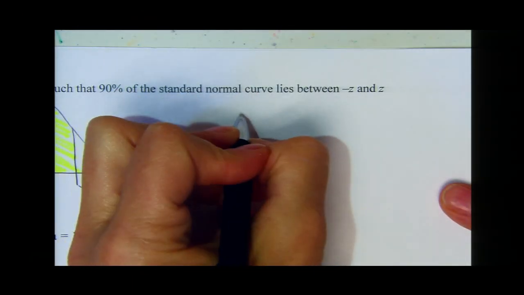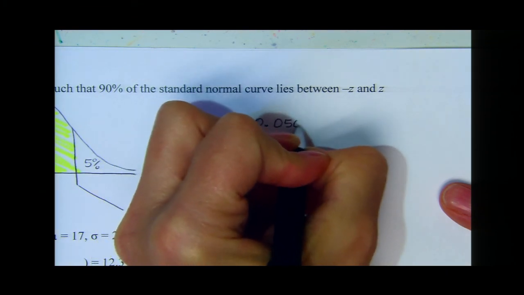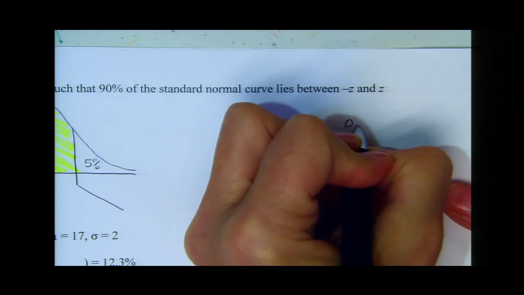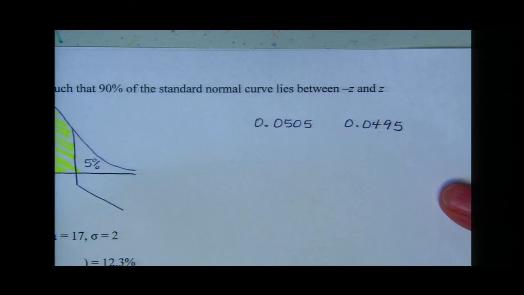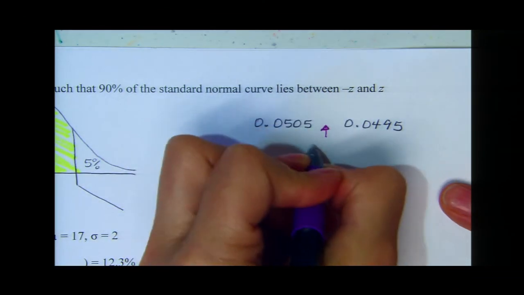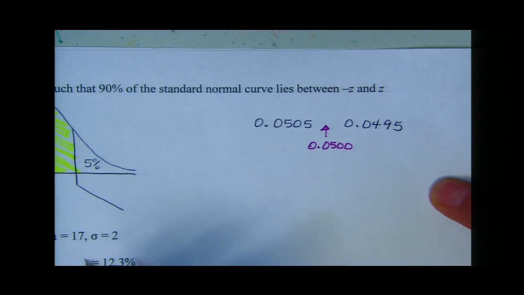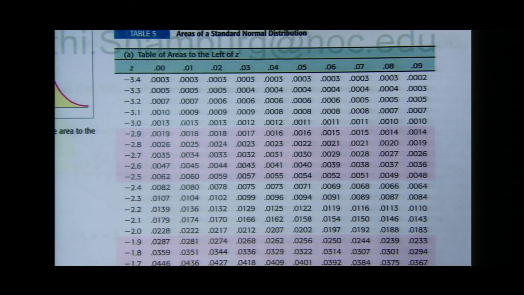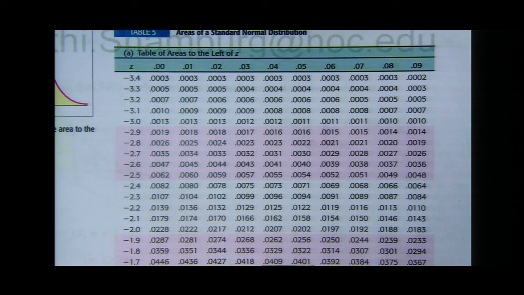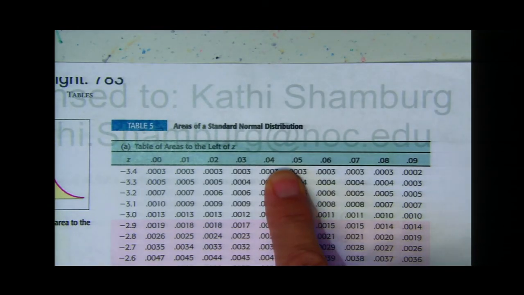What we're looking for is the negative z, and we located 0.0505 and 0.0495. What we're looking for, 0.0500, falls in between. And what are those z-values that they're associated with? Negative 1.64 and 1.65.